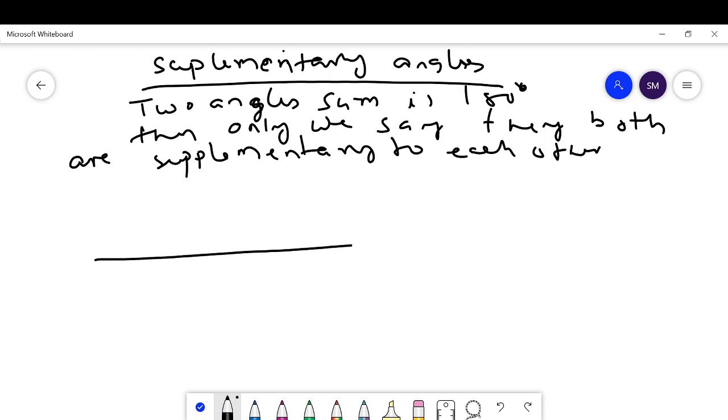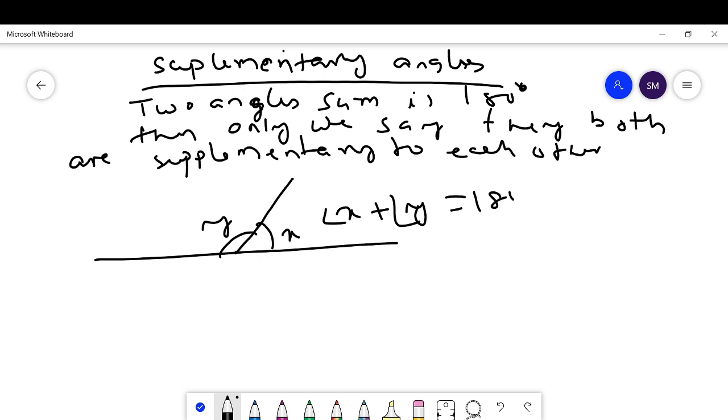Suppose this is a straight angle, this is x, this is y. Here the measure of angle x plus the measure of angle y is 180 degree. Then x and y are supplementary to each other. Okay. Linear pairs are always supplementary.